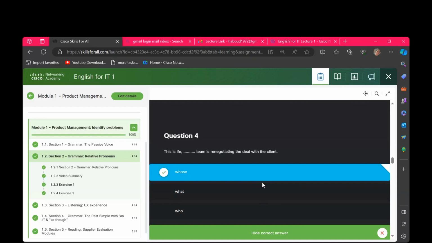Whose team. Remember the case we talked about, we said whose is possessive, whose team, the team whose is renegotiating the deal with the client. Bravo.